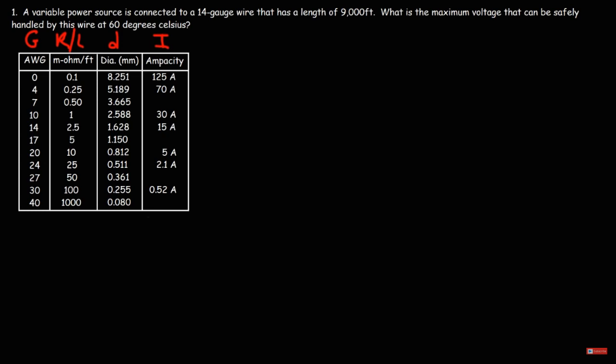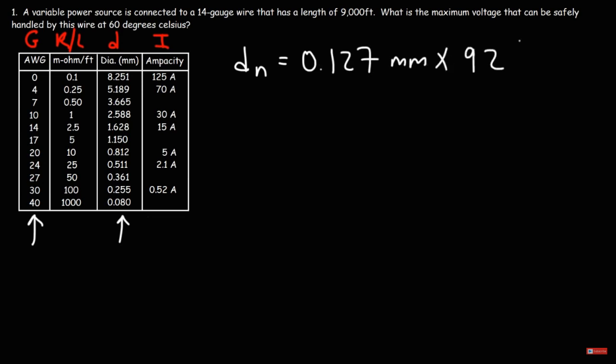It turns out that there's a formula that you could use to calculate the diameter size if you know the wire gauge number. And here it is. D sub n is equal to 0.127 millimeters times 92 raised to the 36 minus n over 39. So let's plug in 20.